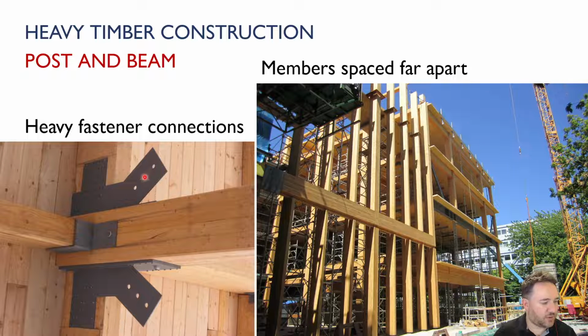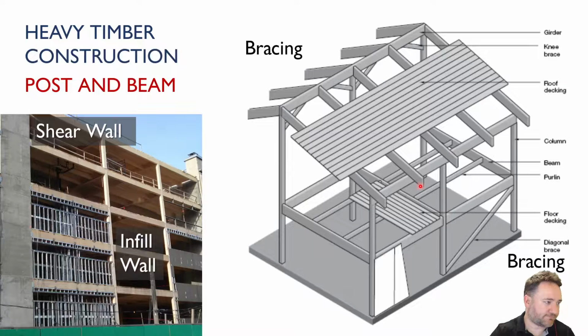Here you can see some bolt holes to join them all together and make a really nice look. And you can see what the connections might look like. And on the right, you can see in comparison to light frame timber, which had all the members spaced close together, in heavy timber post and beam, the beams and the columns are separated quite far apart. Here's some more examples of what post and beam might look like in general.